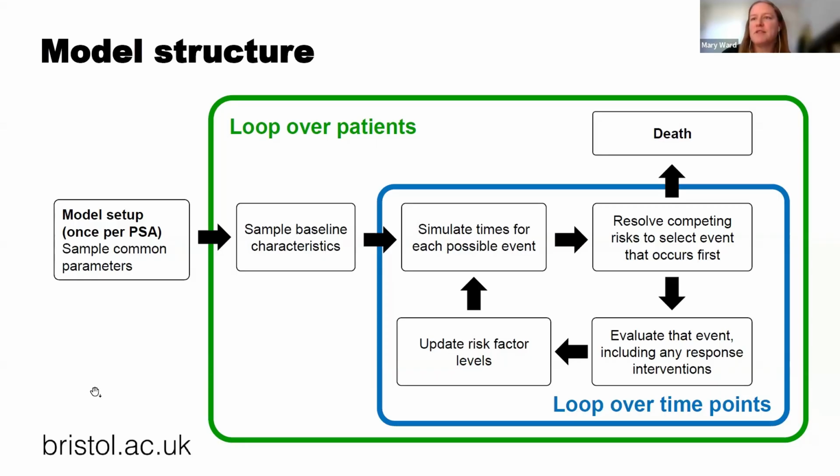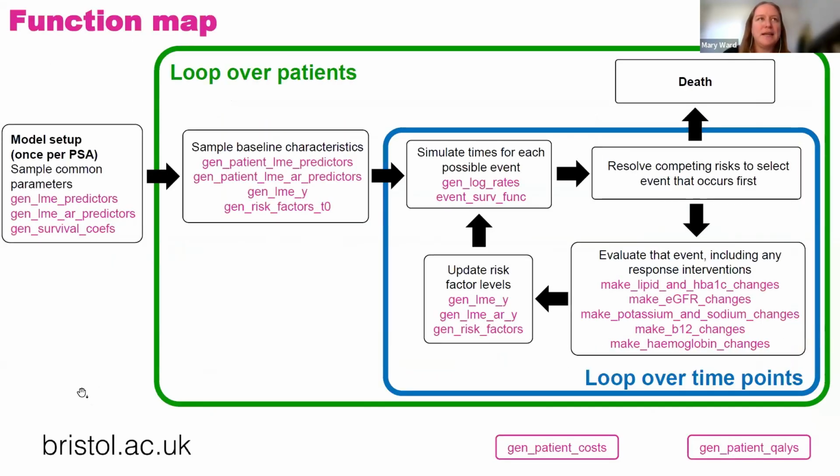I don't have time to talk through all the functions, but here in pink, we've got the functions that we used at different points in our model. In the main setup, we create a time to event array and a risk factor array. The time to event array saves what events happen at what times and also what actions were taken.